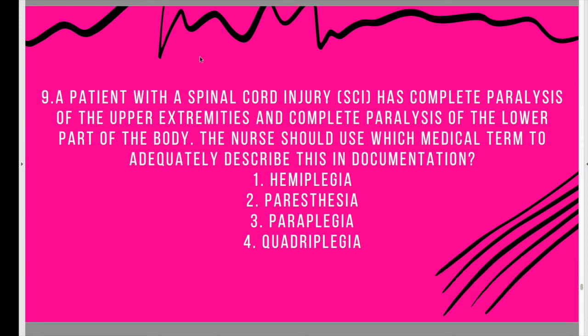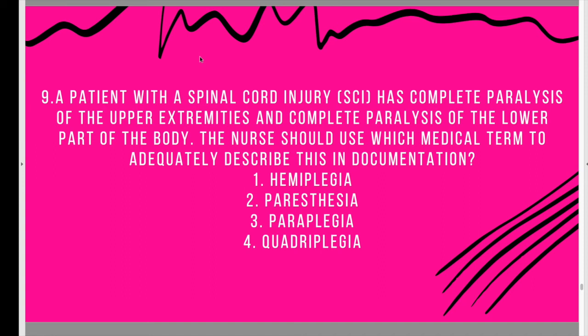So let's answer this. Number 1, hemiplegia. Hemiplegia is actually paralysis on one side of the body. Number 2 is paresthesia. Paresthesia does not indicate paralysis, as you can see in the question. We're looking for the complete paralysis of the upper and lower extremities.